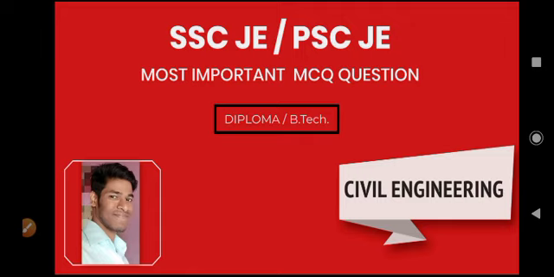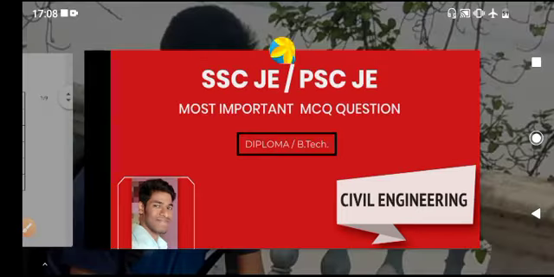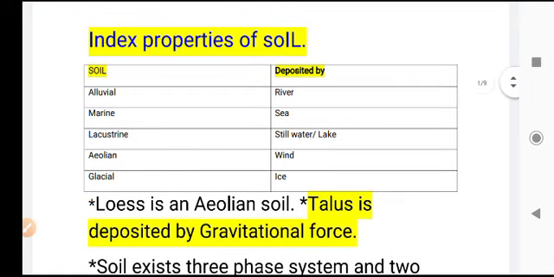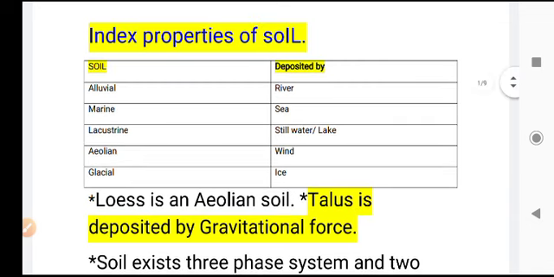Today I am going to deliver a lecture on soil index properties. First, we classify soil by type of deposition: alluvial, deposited by river; marine, deposited by sea; lacustrine, deposited by still water; aeolian, deposited by wind; and glacial, deposited by ice.